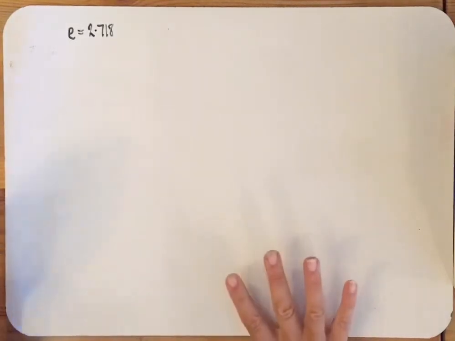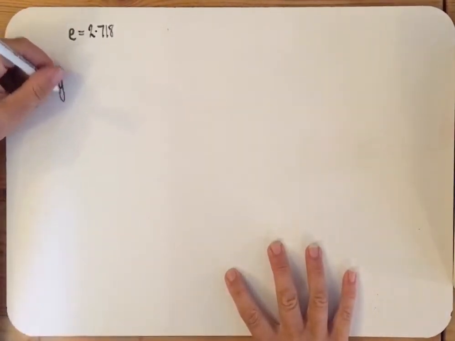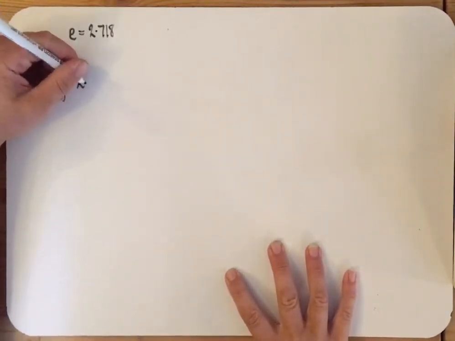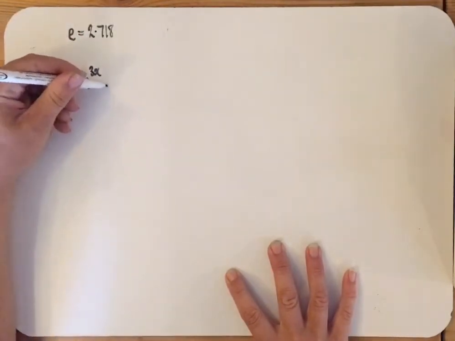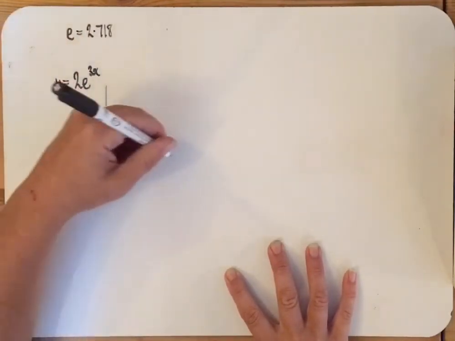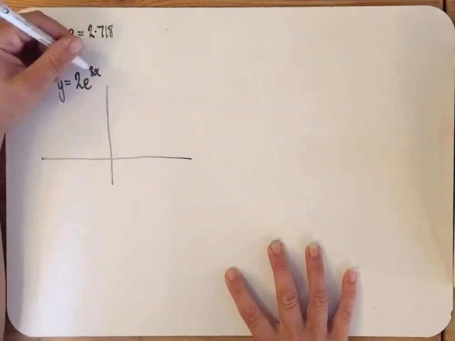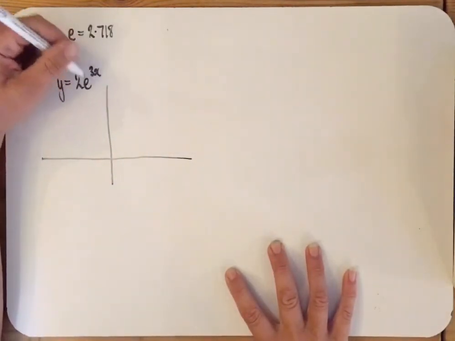So you should be able to sketch these from the work we did on exponentials before. You need to remember e is a number. It's 2.718 to 3 decimal places. So if I want to sketch something like y equals 2e to the 3x, then the 3x will make it a bit steeper.